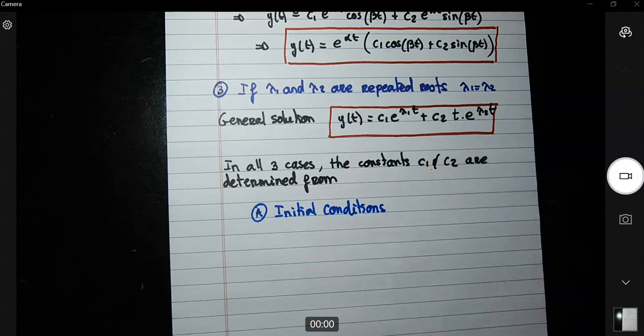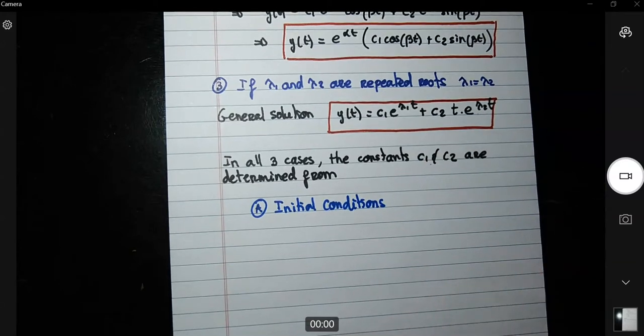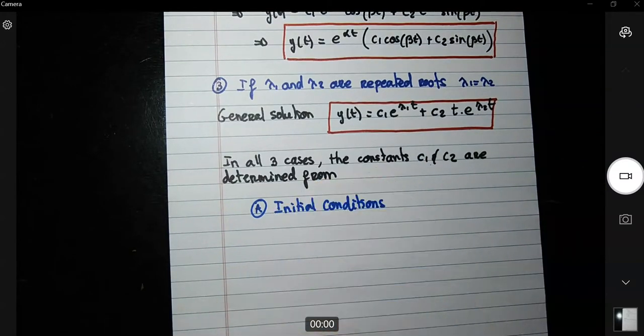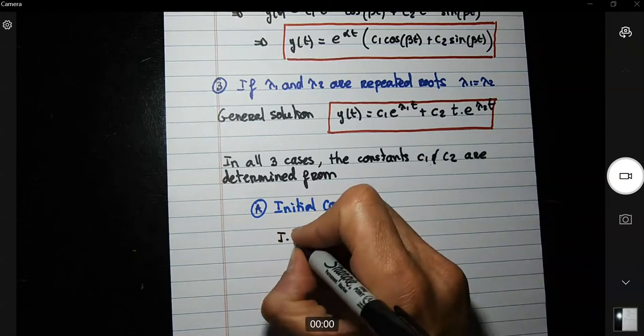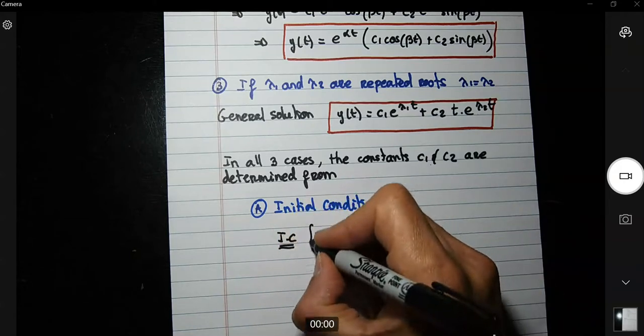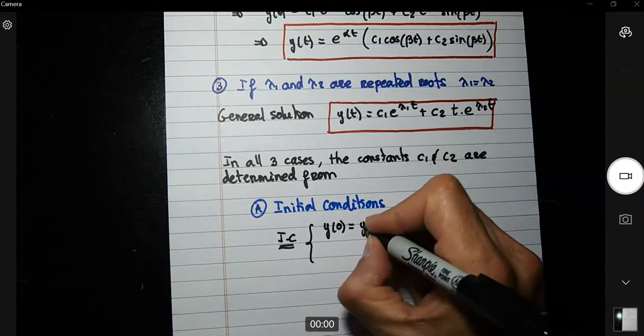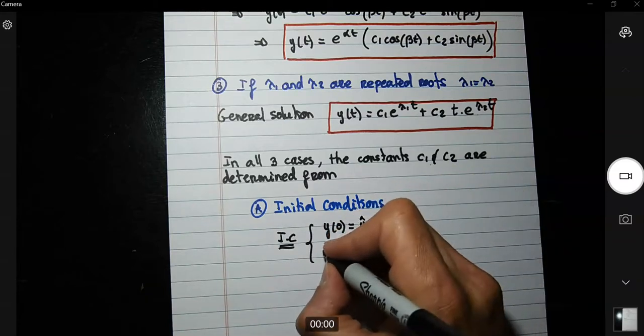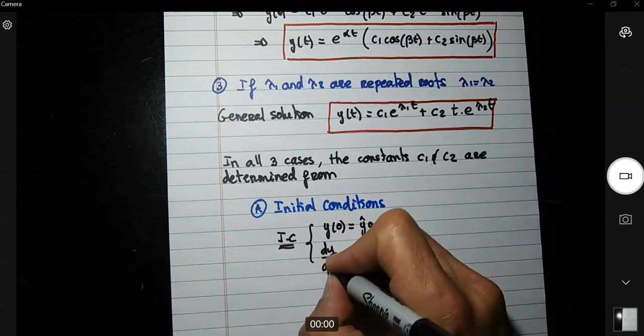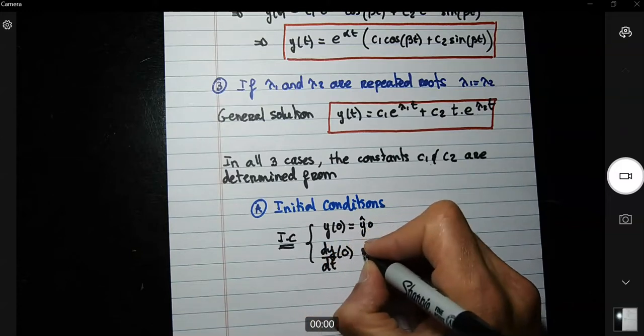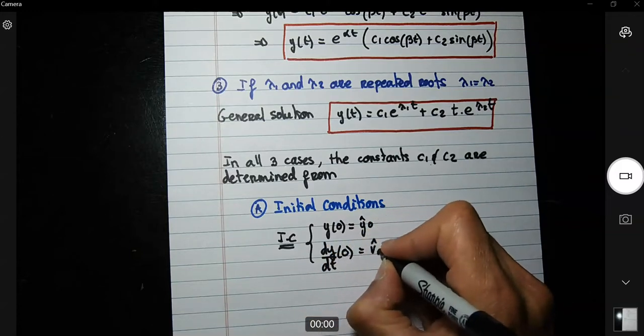So we can write down here the initial conditions: you will have y of 0 equal to a constant, and then you can have dy/dt of 0 equal to some constant.